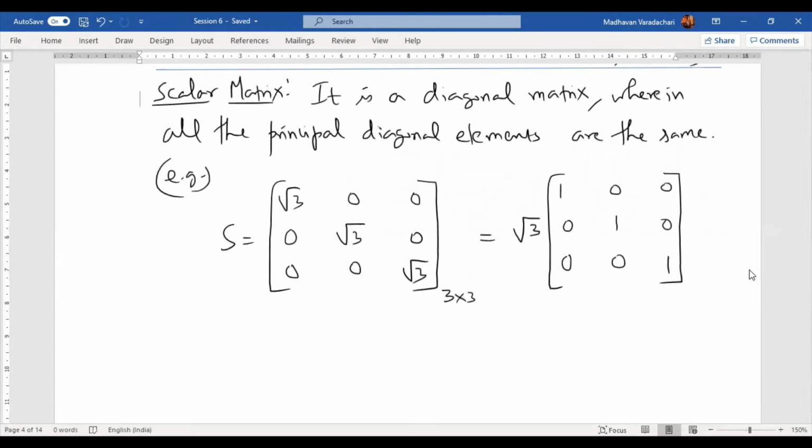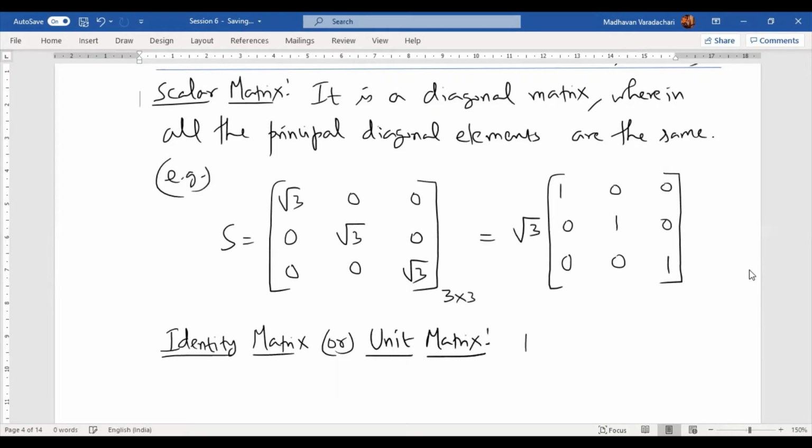Next definition is that only. It is called identity matrix, also called unit matrix.